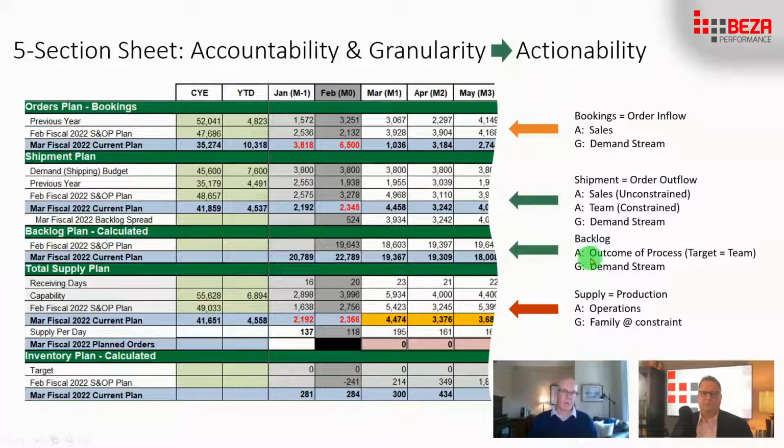The backlog is actually a pretty strategic buffer for you between your bookings and your shipments. And really, it's an outcome of the process. And you should be establishing what that target is, because if backlog's a big deal and delivery times are a big deal, this can be a competitive advantage in some businesses. In some businesses, it doesn't matter as much.